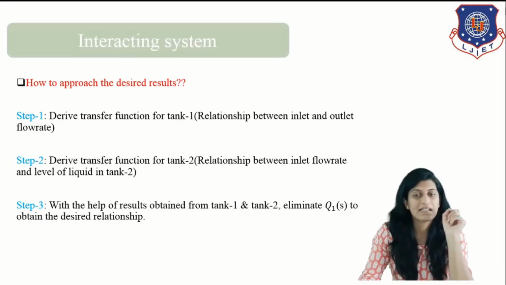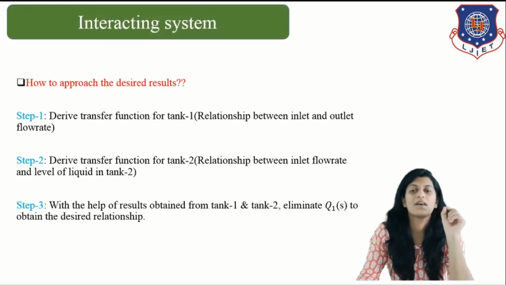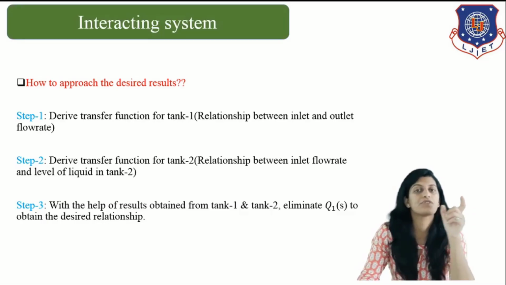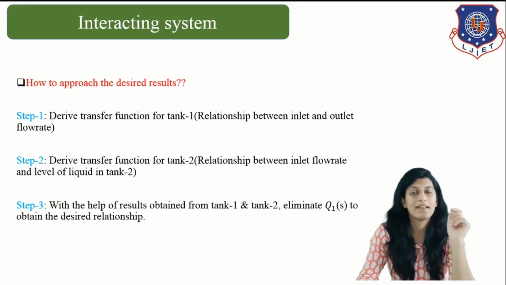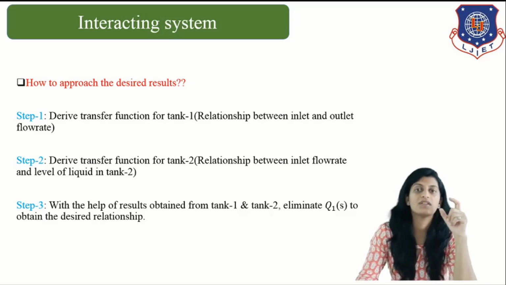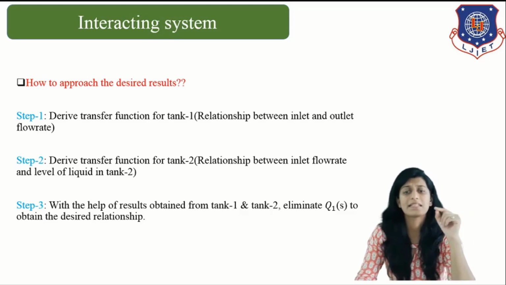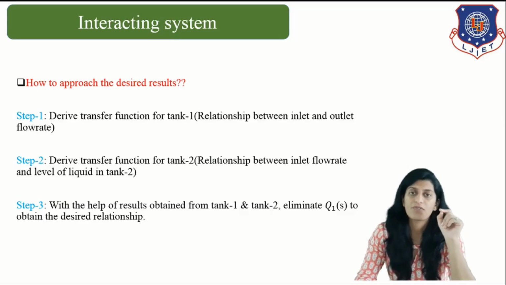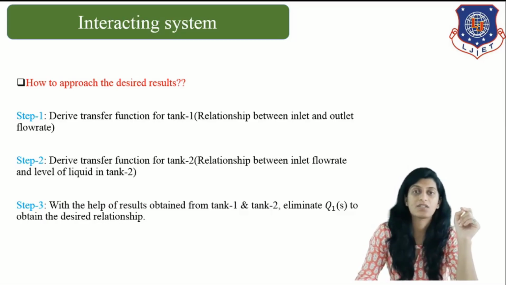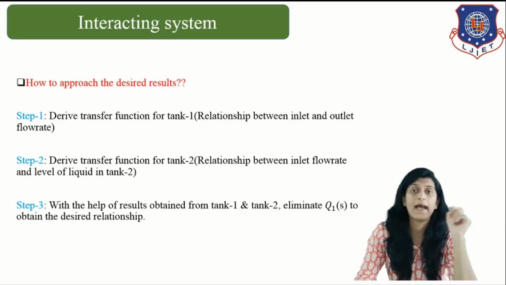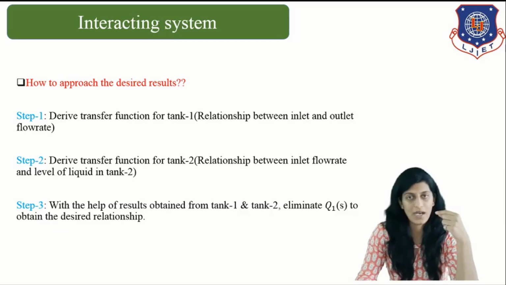We started with 3 major steps. In the first step, we derive the transfer function for tank number 1, which is based on the ratio of Q1 by Q. In the second step, we derive a transfer function based on tank number 2, in the form of H2 by Q1.